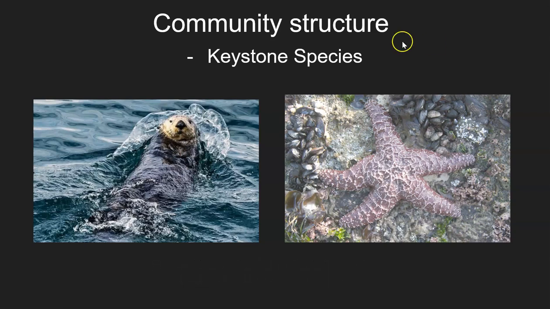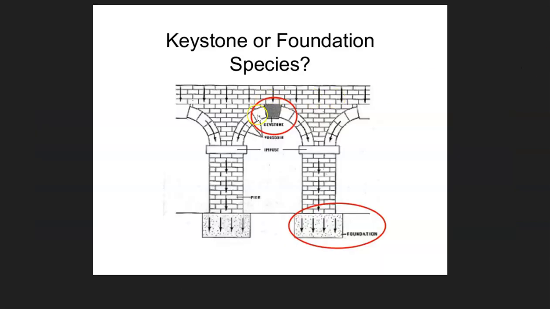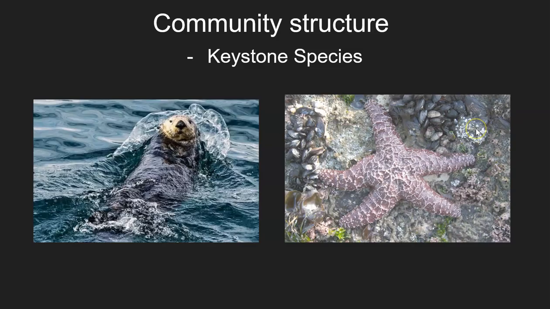And similarly, remove these sea stars from their environment, the number of mussels that live there increases, and those mussels are going to eat everything up and it's going to significantly decrease biodiversity. So again, let's go back to that figure. If you get rid of this keystone, the arch can potentially collapse, or ecologically speaking, the environment is going to be altered completely if you remove a keystone species.